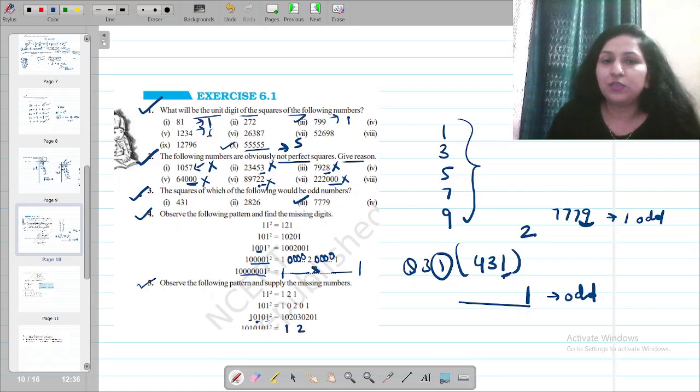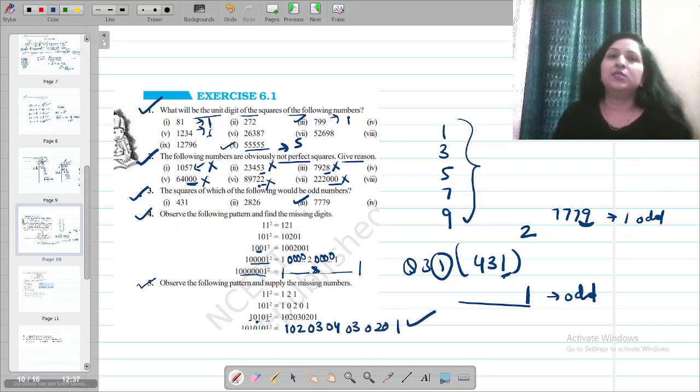So 1, 2, 3, 4 and then the reverse order. Yes, this is what is happening: 1, 2, 3, 3, 2, 1. 1 is repeated 4 times, so 1, 2, 3, 4 and the reverse order, and you just need to insert zeros in between. Okay, and that's your answer.